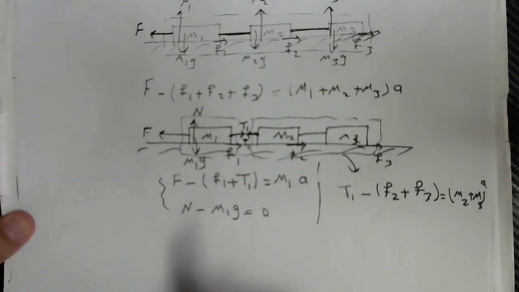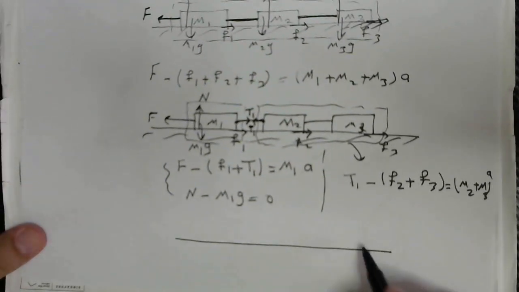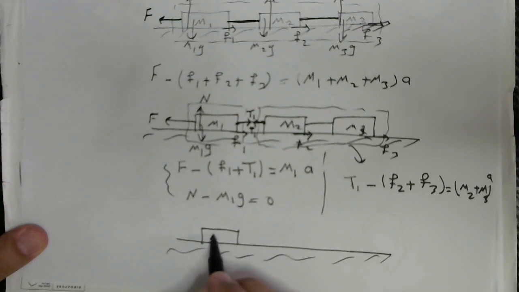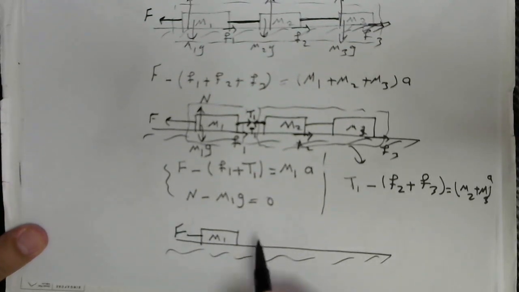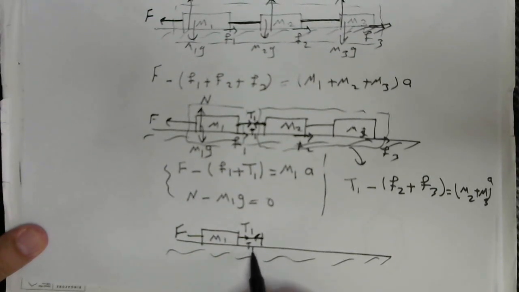So it becomes another situation where here is M1 and F, then you have T1, and then here T1 acting on M2.